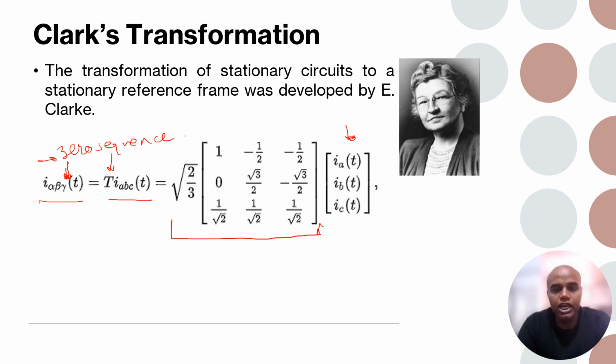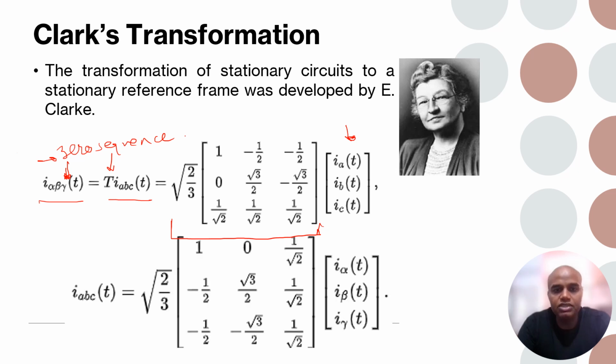Similarly, for the inverse Clarke's transformation, we have this matrix, which converts from the two-phase frame back into the three-phase ABC frame. Here again, instead of only alpha beta, it also has gamma, which is again the zero sequence component.